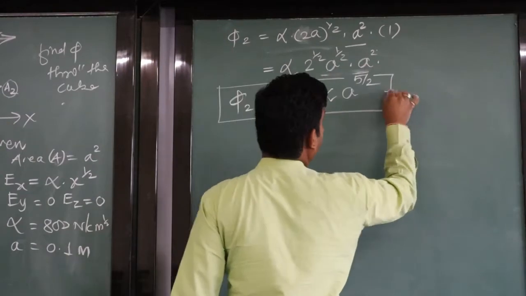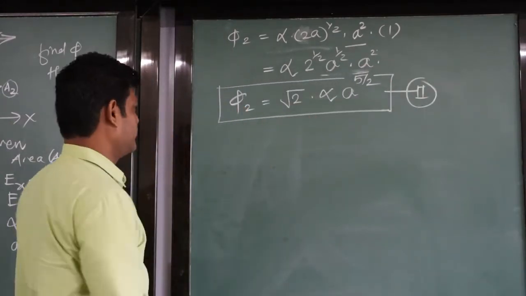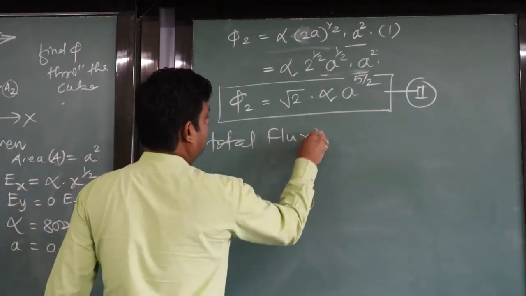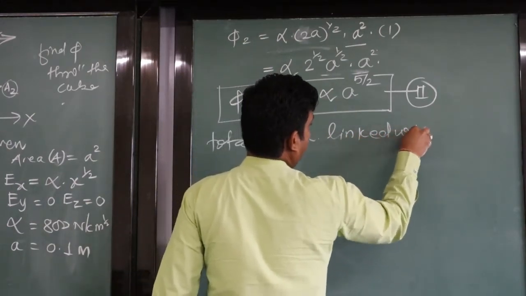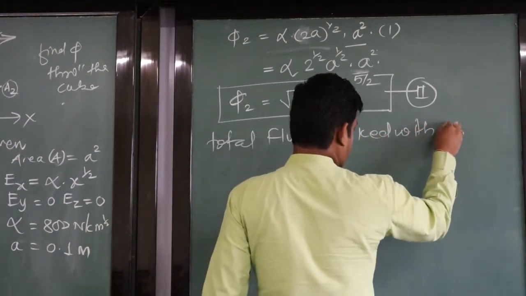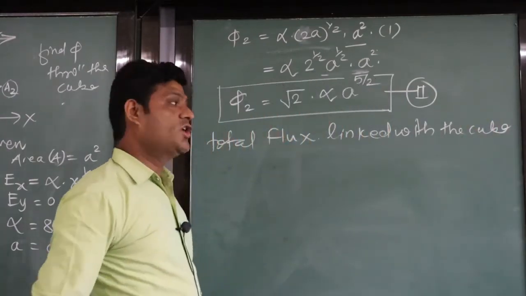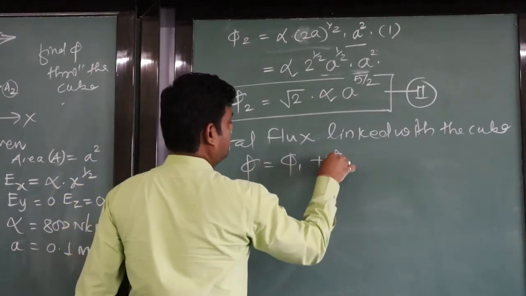Equation number 2. So total flux linked with the cube, that is addition of total flux phi equal to, we can write phi1 plus phi2.